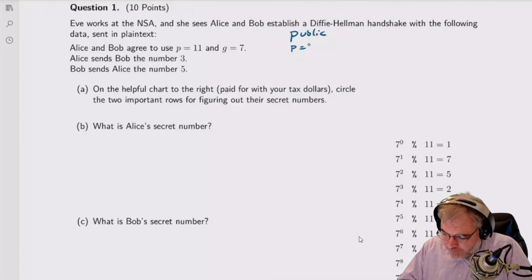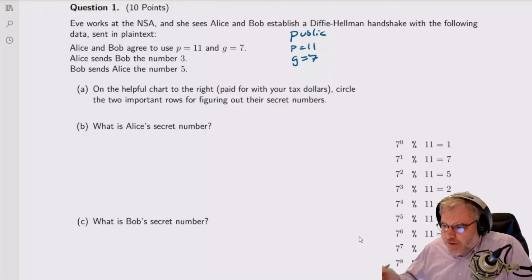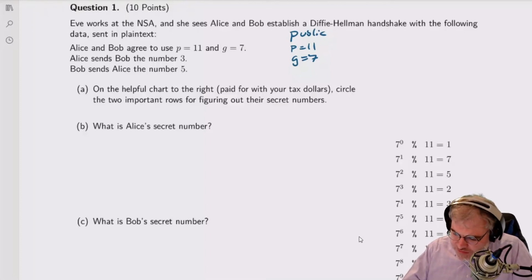P equals 11, that's our prime, G equals 7. Now, Alice sent Bob 3. So when the algorithm happens, Alice chooses little a. Private.